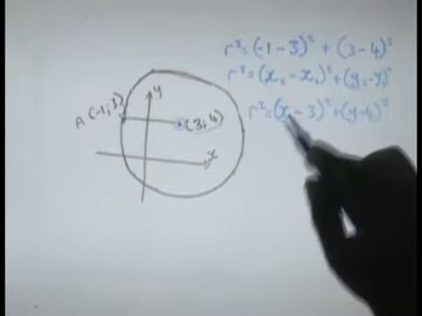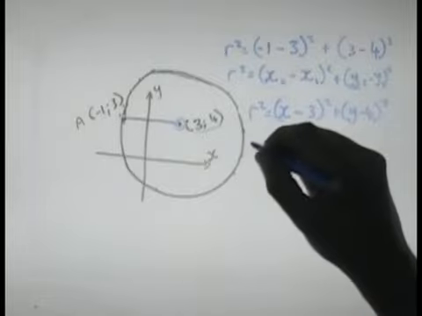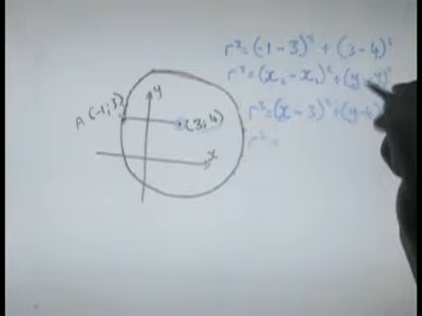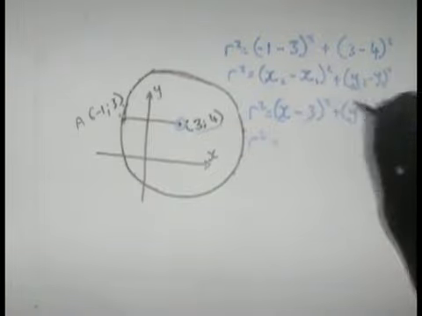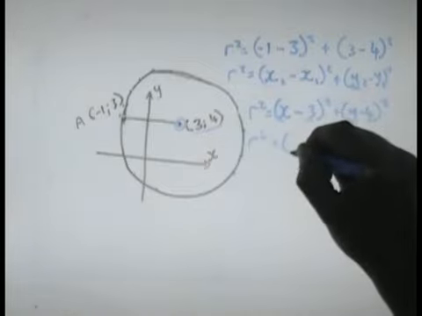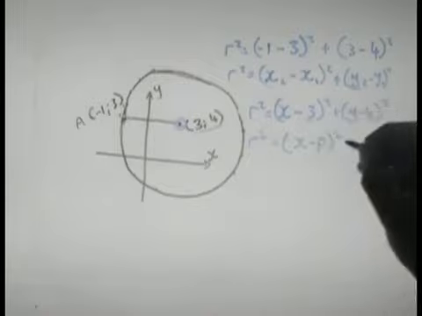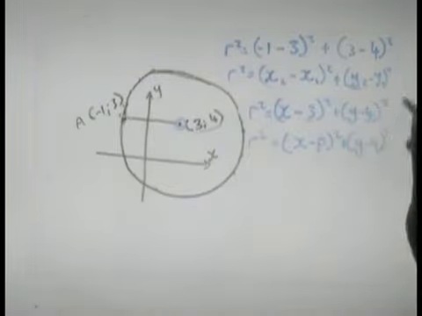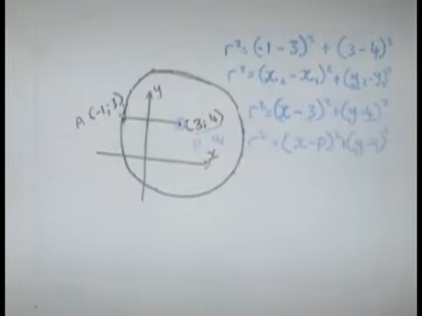And that x and y can be any values around the circle. That means that r squared is going to equal, now instead of saying x minus 3, isn't 3 and 4 the center of my circle? x minus p squared plus y minus q squared, where p and q are simply the center of my circle.